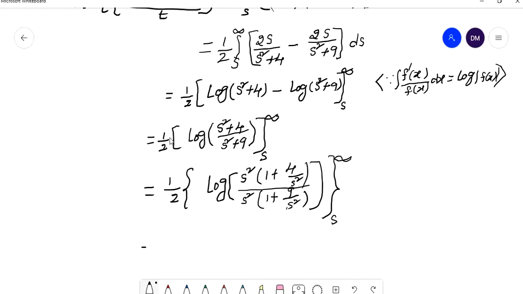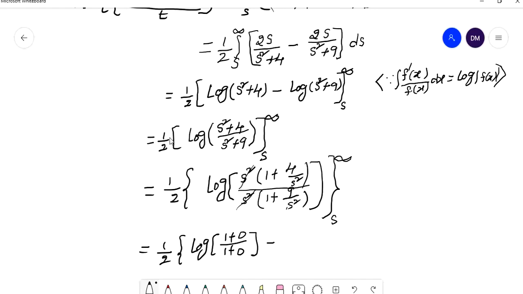So this is equal to 1 by 2 into, what happened here? s square is cancelled. Substitute the upper limit infinity in the place of s. 4 by infinity means 0, so we get log of 1 plus 0 by 1 plus, and here 9 by infinity is also 0.